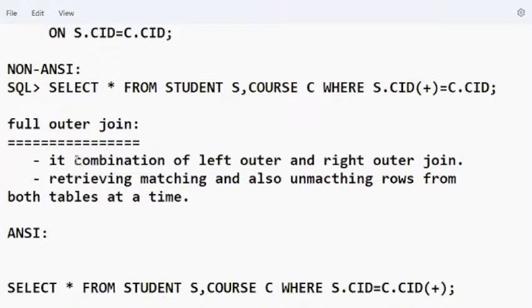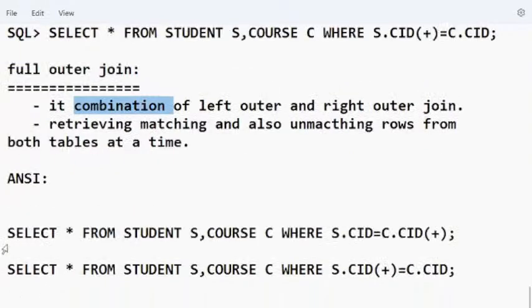What do I need to do? Combine. Now tell me, have we learned any concept for combining two select statements together? Is there any concept? Two select queries combining. Set operators. What is the set operator definition?